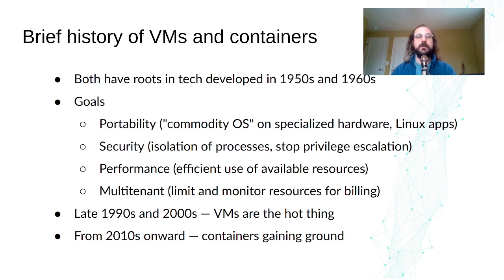And the goals along the way have been greater portability. So this is the ability to run code on different types of hardware without needing to change it. And especially in the late 90s, there was a desire to run commodity operating systems like Linux, Windows, and Unix on specialized hardware.